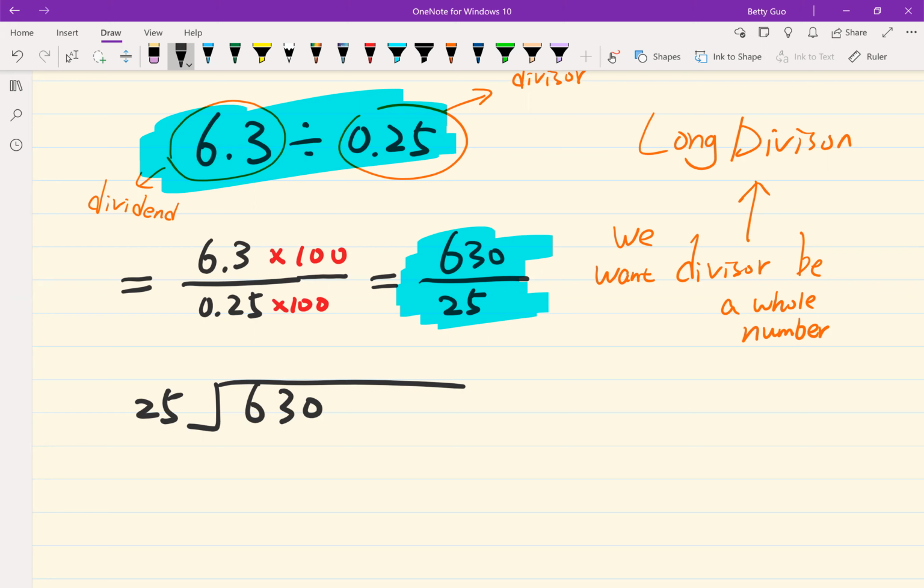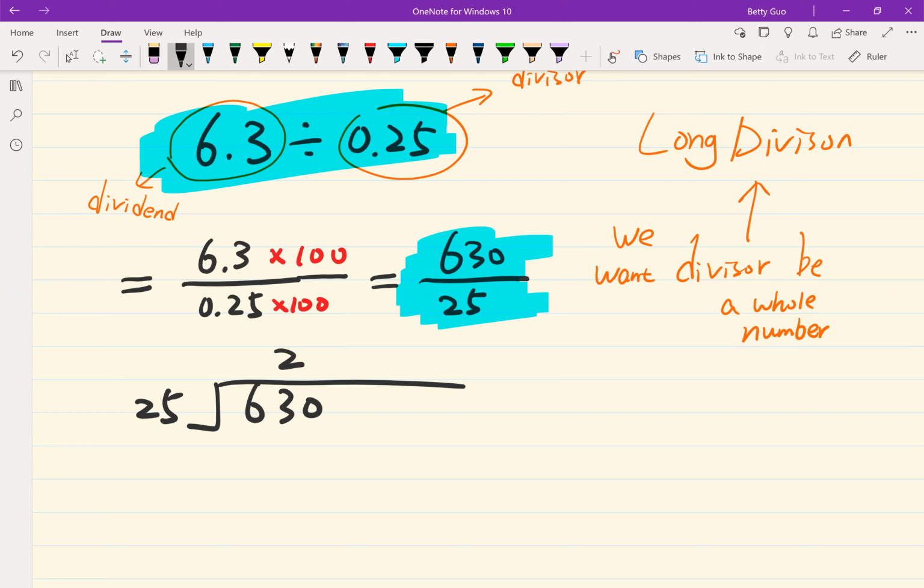Of course, with a remainder. We'll see what the remainder is. As we see, 25 goes into 63 twice. So we're going to write 2 here. We want to know how many times 25 goes into 63. Of course, we know 25 will not go into 63 completely, right?